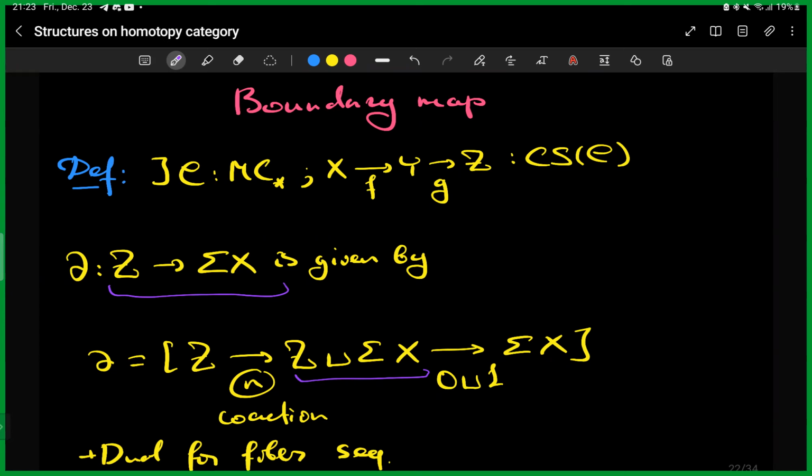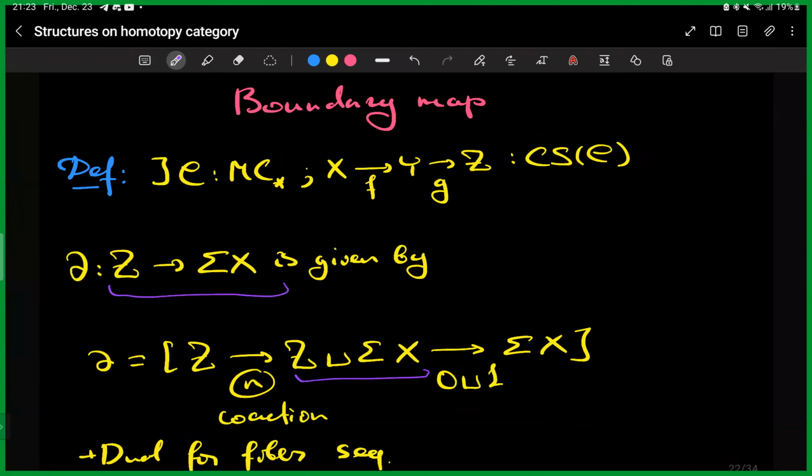And of course, we have the dual construction for fiber sequences. There we will have an action and a loop space of the base. Okay. So that's another important thing about fiber and cofiber sequences.